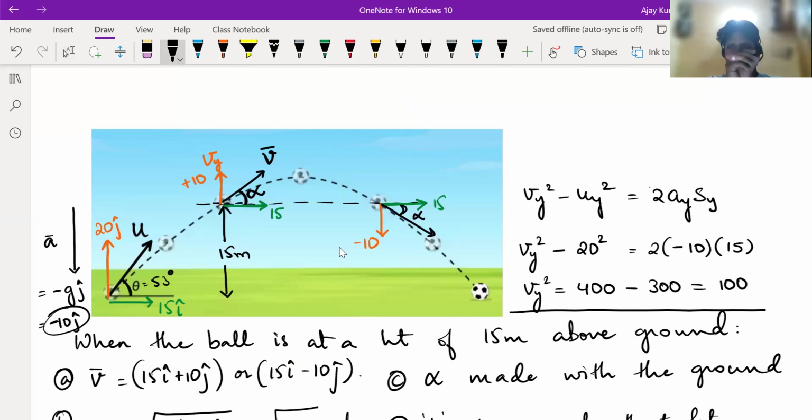Okay, so whatever angle it makes during ascent at that height, same angle it will make during descent at the same height. One more thing we already proved is the speed. We found speed to be root 325 meters per second, right? During ascent. During descent also at the same level, it is root 325 meters per second. So there are some common things that happen during ascent and during descent.